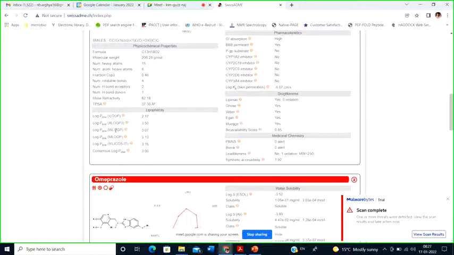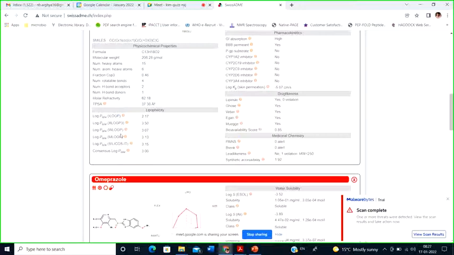Whereas WLOGP is the Swiss ADME server's own implementation of the purely atomistic method based on the fragment system of Wildman and Crippen. Okay. Whereas the MLOGP is the archetype of topological methods that rely on a linear relationship with 13 molecular descriptors.